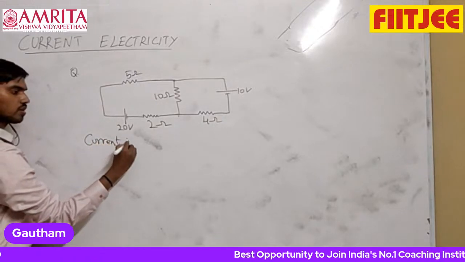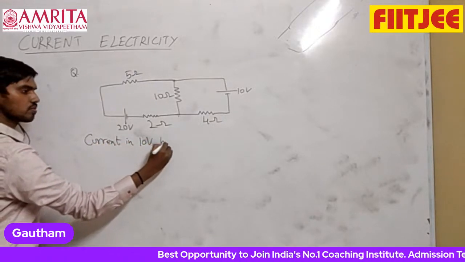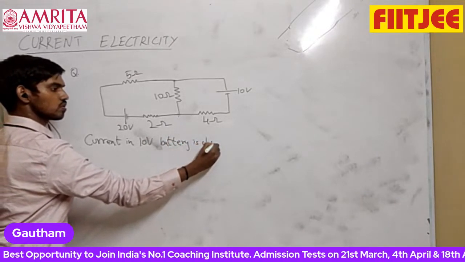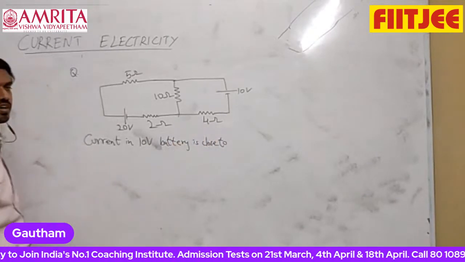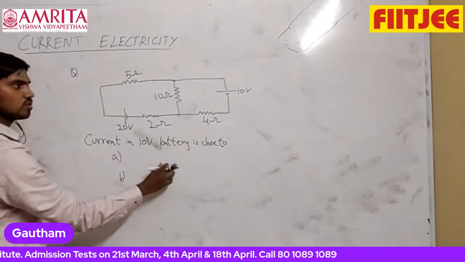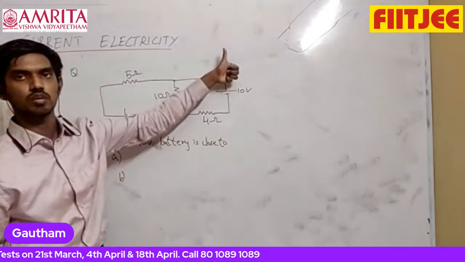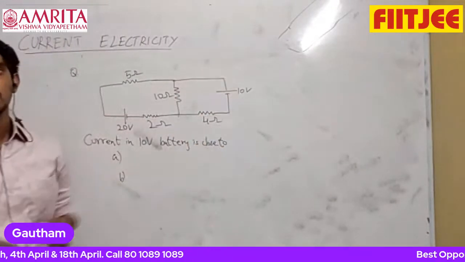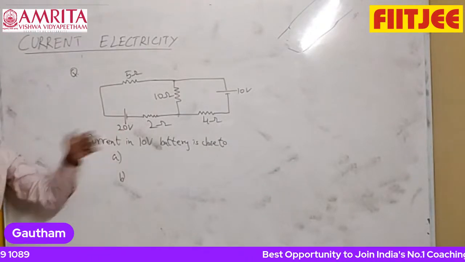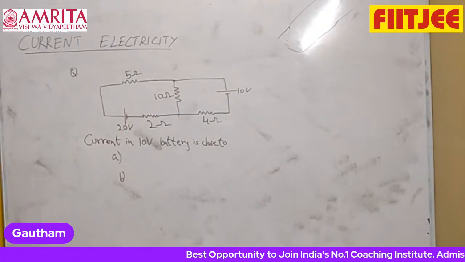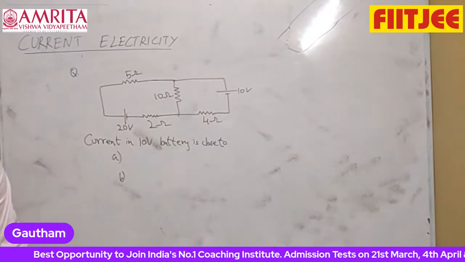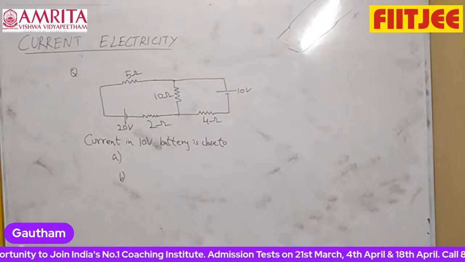So current in 10-volt battery is close to, which means they're asking what is the approximate value. Options are given, value, and then from negative to positive terminal or positive to negative terminal, what is the direction? That was also asked. So you have to find the current value as well as direction. So you have two batteries here, which means you'll have to use Kirchhoff law to solve this question.